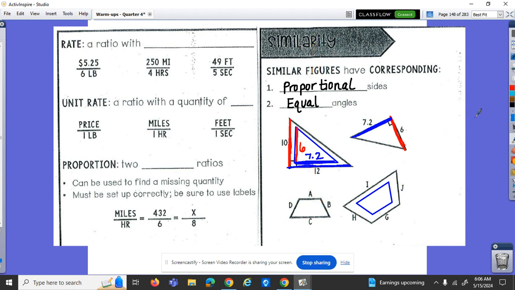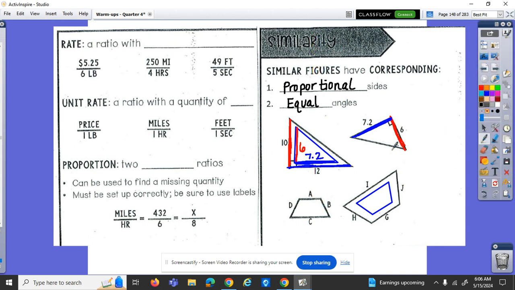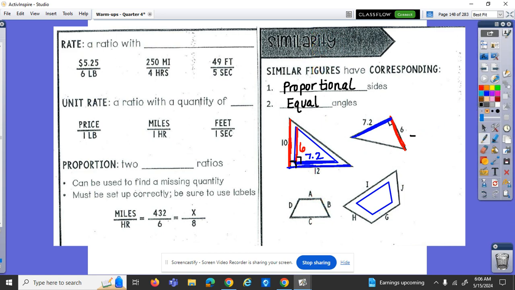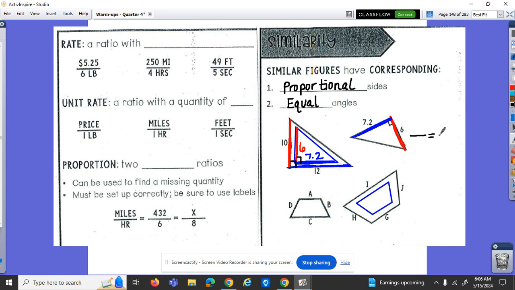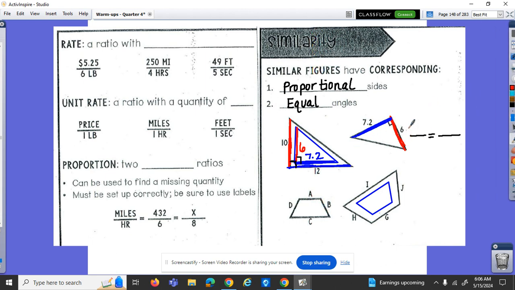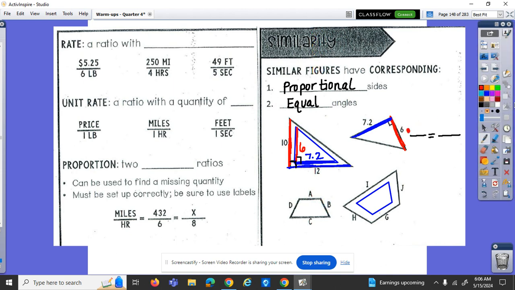So what I'm showing you is that the sides are proportional and the angles are equal. See how this right angle matches with this right angle? So we can set up a proportion and prove that they are related to each other. You could do a proportion kind of like WKU, except it's using colors. So think about red over blue.